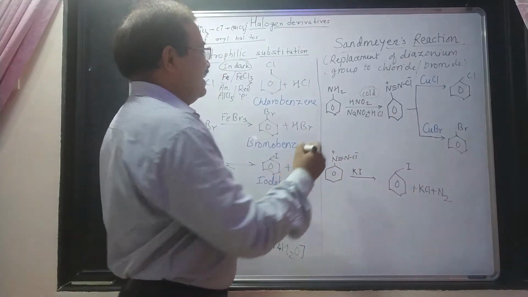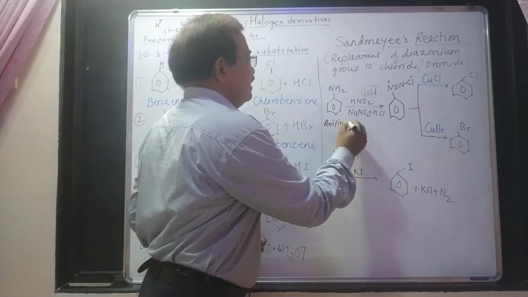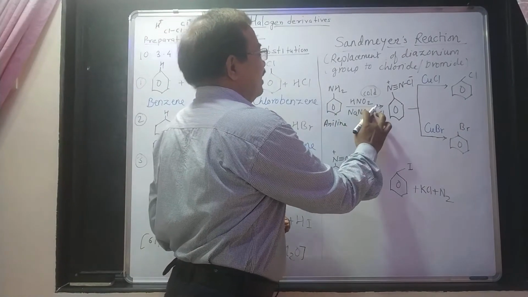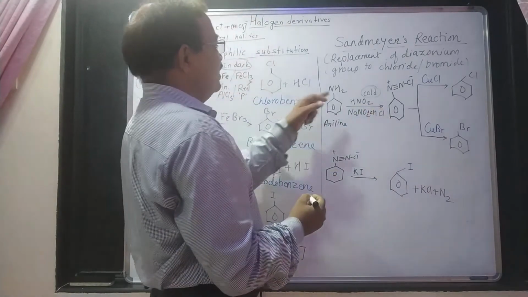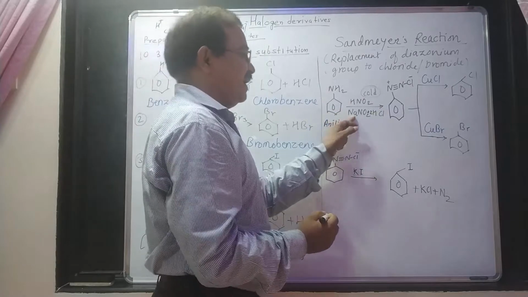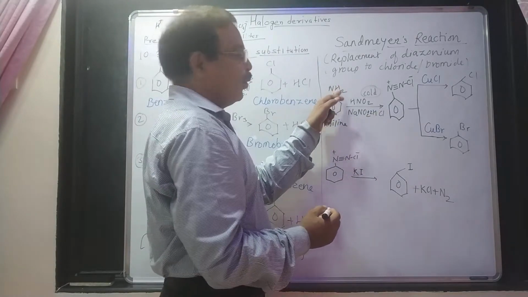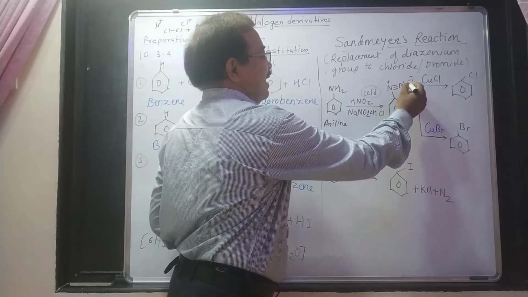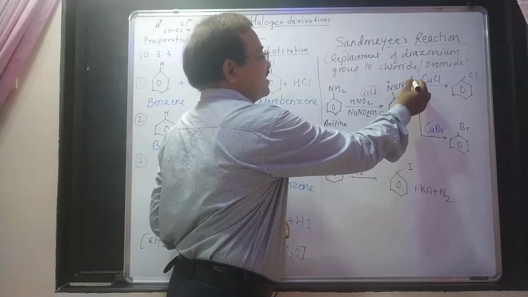Now here let us try to understand how benzene diazonium chloride is formed. Here aniline is taken for that. Now this aniline combines with NaNO2 and 2HCl. So this sodium nitrite and hydrochloric acid will react with the aniline, the NH2 group, to form N2 plus Cl minus, or N plus triple bond N, Cl minus.